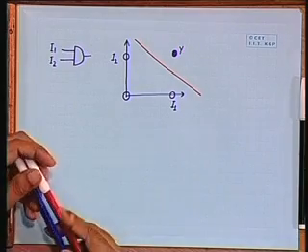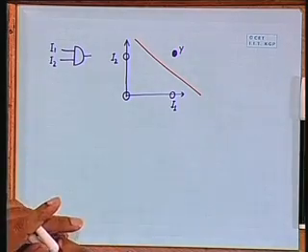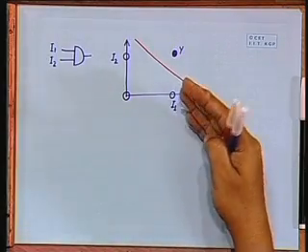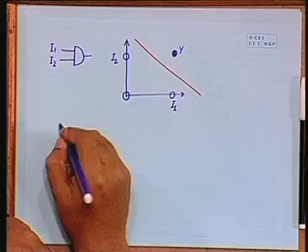Now, you might be wondering what does this have to do with the learning here. I will come to that in a moment. Let us look at the OR function.